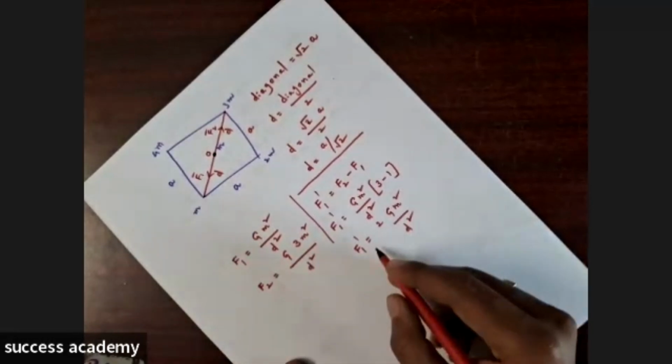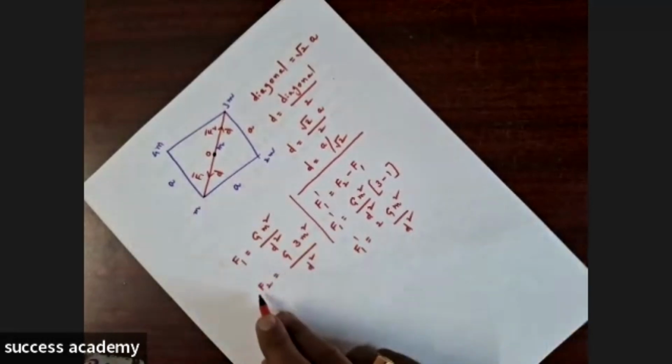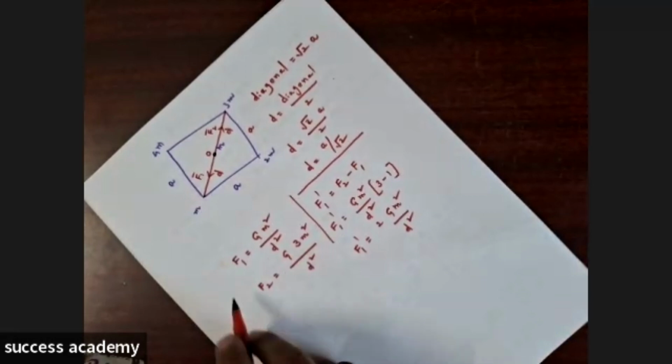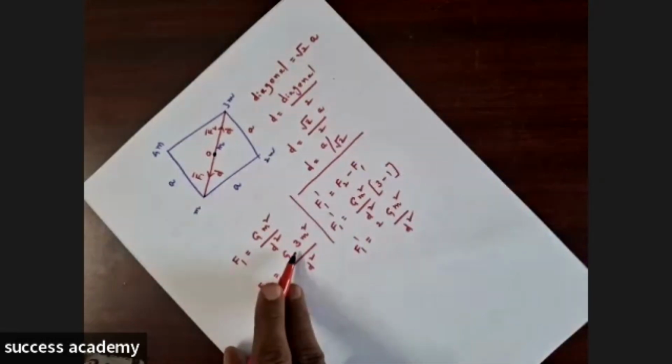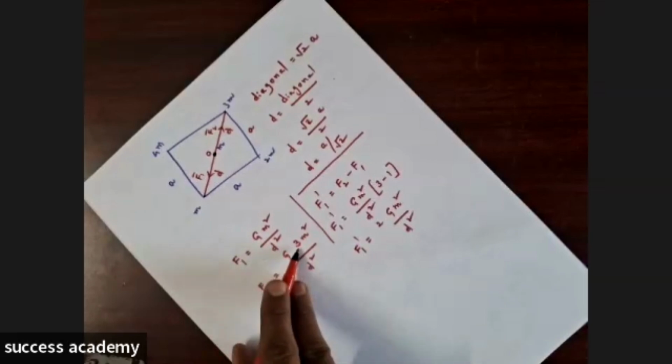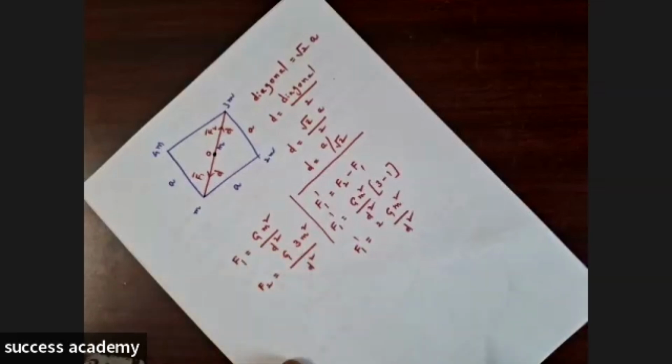So in which direction is this? Among F1 and F2, which one is greater? F2 is greater, because here 3 is present and here only 1 is present. Where the magnitude of the force is greater, along that direction the resultant force also acts.